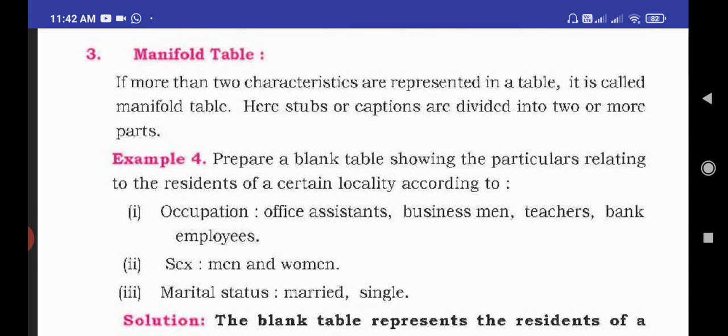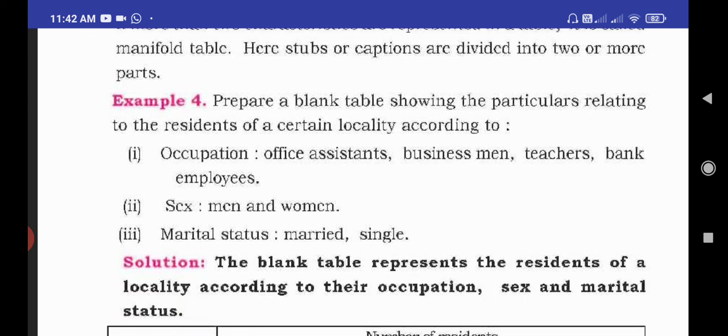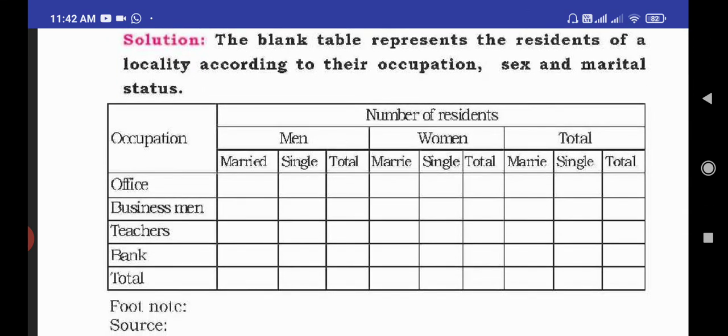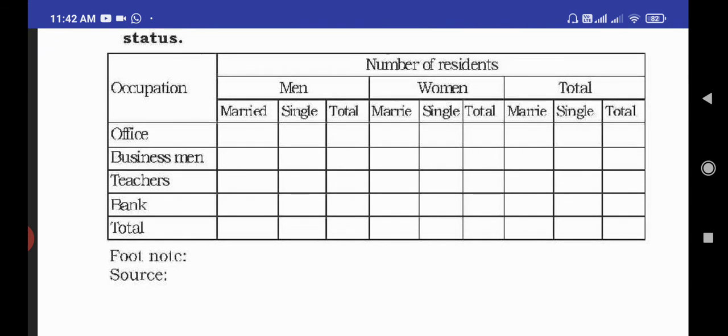When we are recording or arranging the data using more than two characteristics or qualities, that data is called manifold table data. Here the stubs and captions are divided into two or more parts. I will take an example for this. See students, this is the example for manifold data.